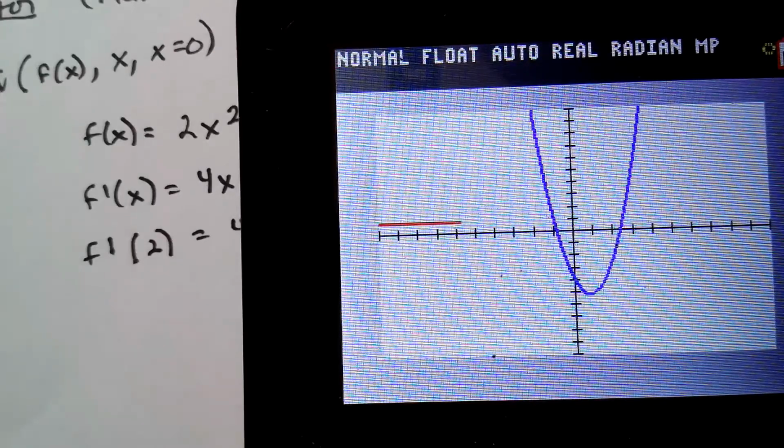Ooh, look at that. Our answer is going through the line y equals 1. So the derivative, or the slope of the tangent line, or the instantaneous velocity or instantaneous rate of change at the point where x equals 1 is 0. It's saying 1. So maybe that bump's not quite where I think it is.